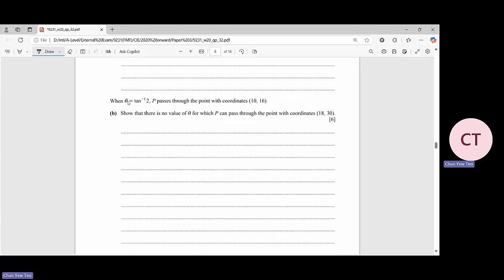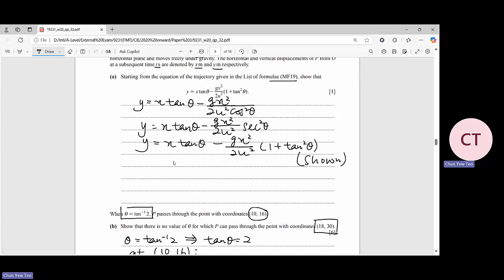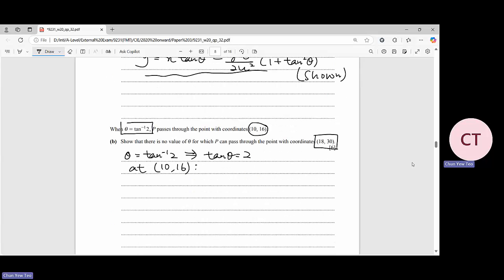When theta equals arctangent of 2, P passes through the point (tan 16). Show that there is no value of theta for which P can pass through the point with coordinates (18, 30). So from theta equal to arctangent of 2, we get tangent theta is equal to 2. So at the point (tan 16), you just need to replace it inside here with tangent theta equal to 2.